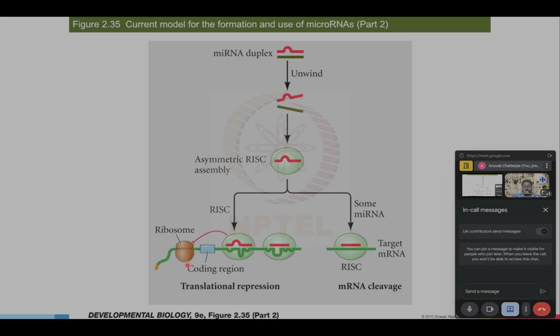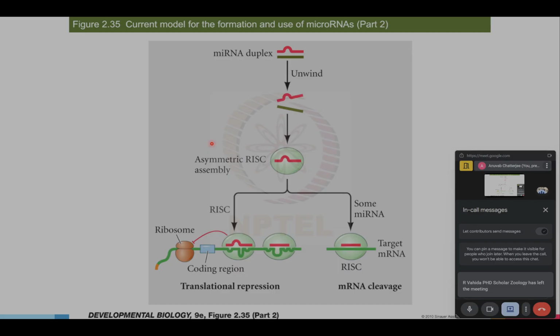And now the RISC complex will go around scanning different mRNAs. Whenever the RNA sequence here is complementary to mRNA present anywhere, then the RISC complex will raise a flag and it will stop the translation.